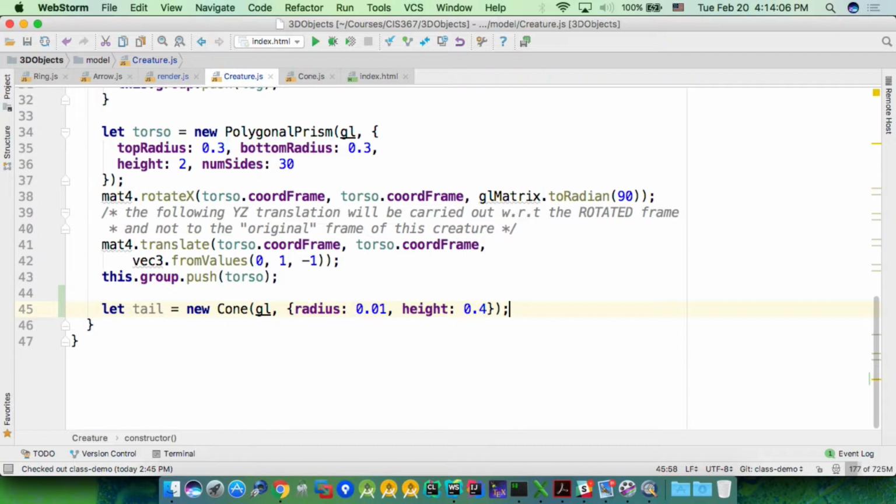Okay? And then we have to move the tail to the end, right? Because the tail will be pointing to the positive z-axis, but then we need to move the tail to be pointing along the, which axis? The y-axis, right?